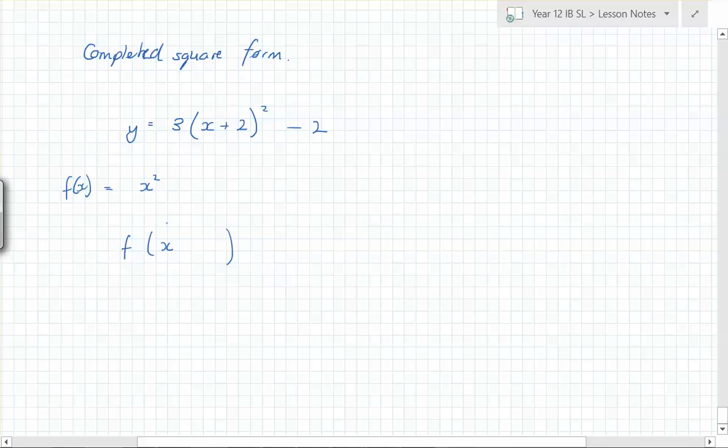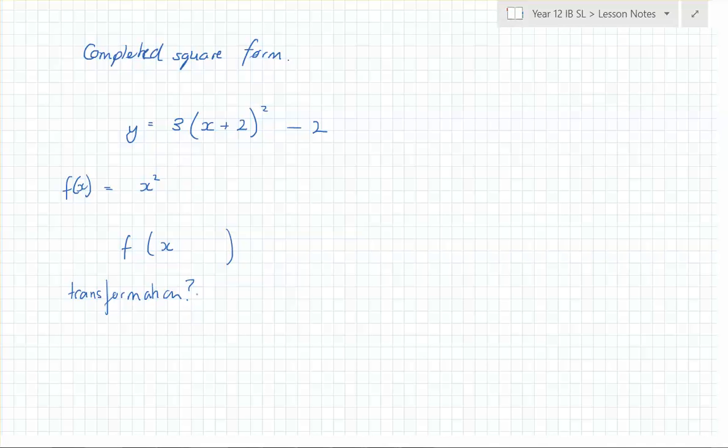And what would the transformations be? What combination of transformations would have happened?